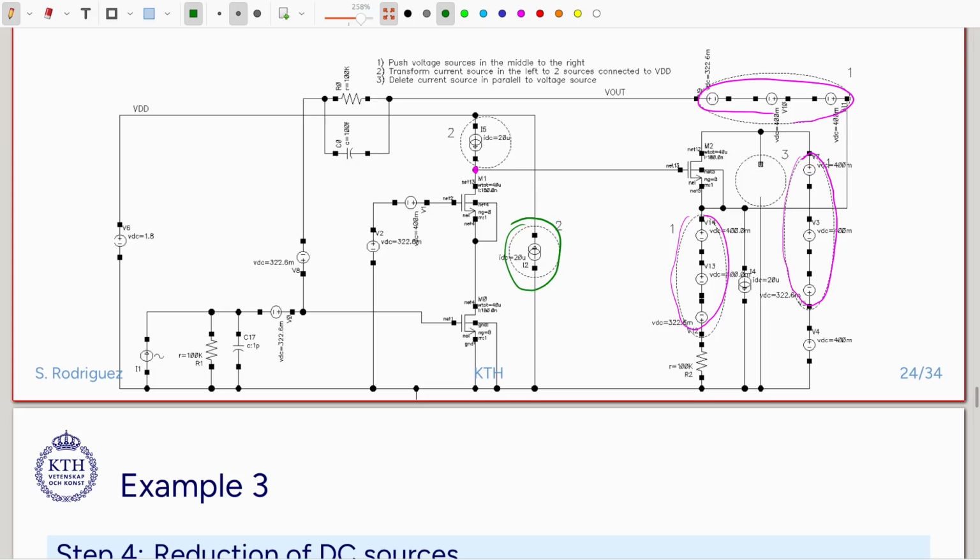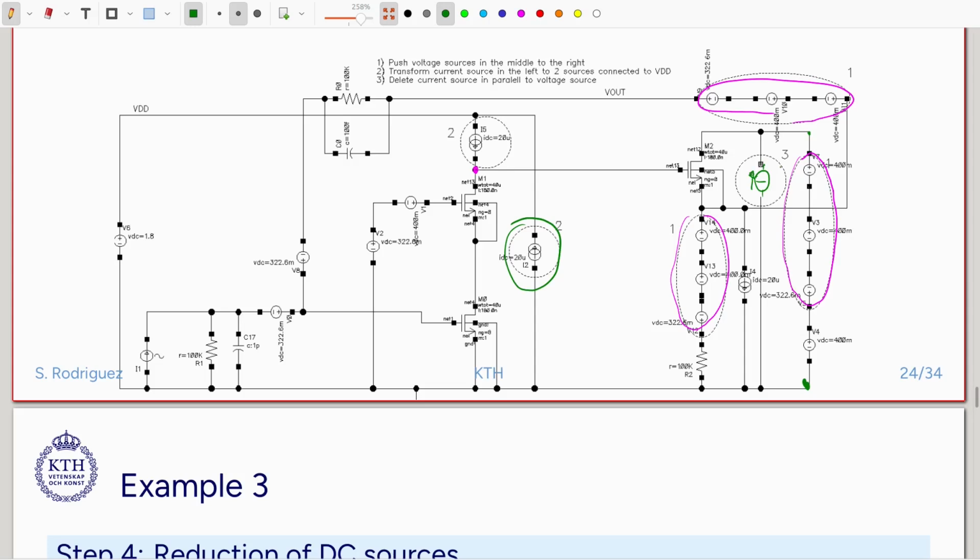And then I can delete a current source in parallel to a voltage source. So if I have these voltage sources, the addition of these voltage sources here connected to this node, and at the same time I had a current source here that was going up, and then this current source is not anymore part of my circuit.